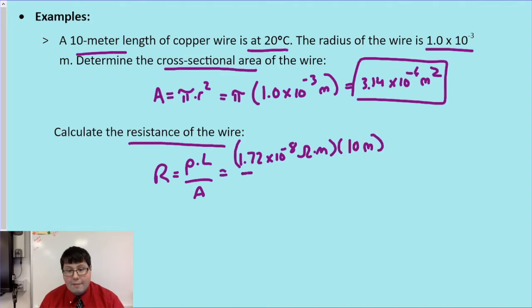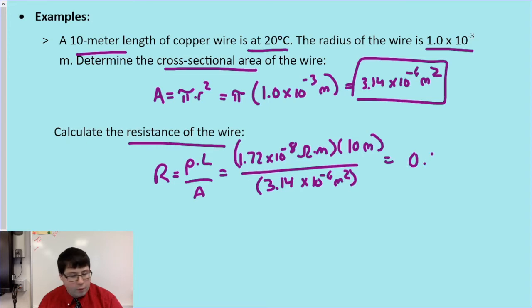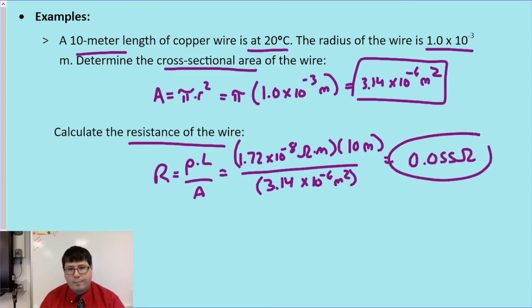And then finally, divide that by our area we calculated, 3.14 times 10 to the minus 6th meters squared. Plugging those numbers in my calculator, I end up getting 0.055 ohms.